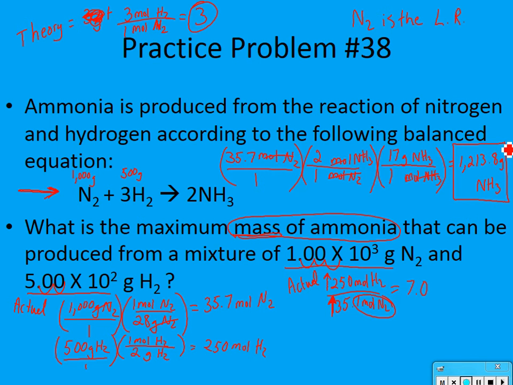Okay. Very important chemical reaction. We were able to figure out the limiting reactant was nitrogen. Then, because nitrogen runs out first, we're only going to be able to make 1,213.8 grams of ammonia. This is a very important chemical reaction because nitrogen in its atmospheric form, N2, is not usable by plants.